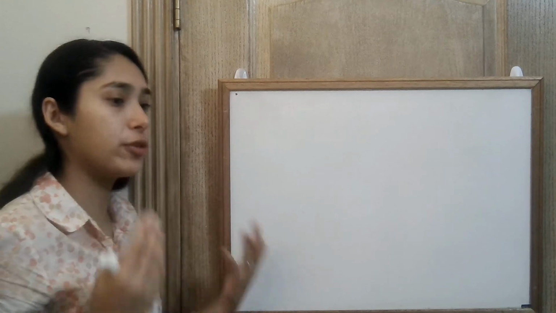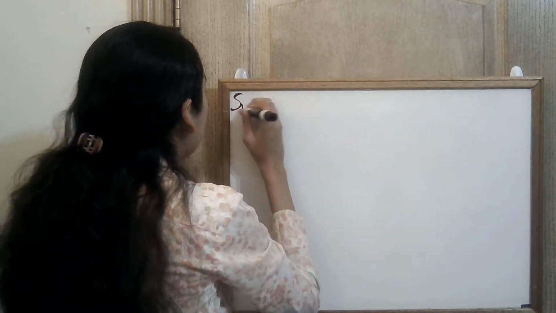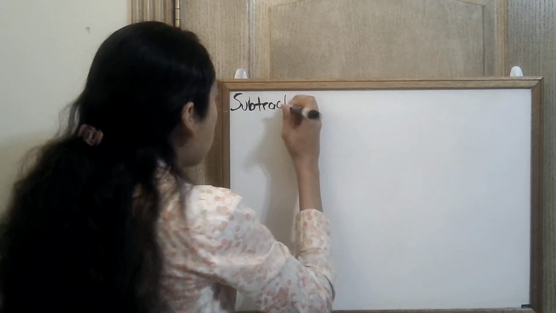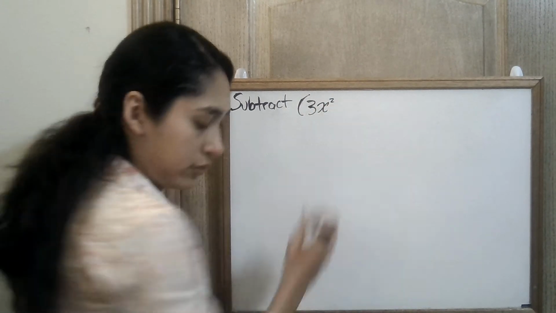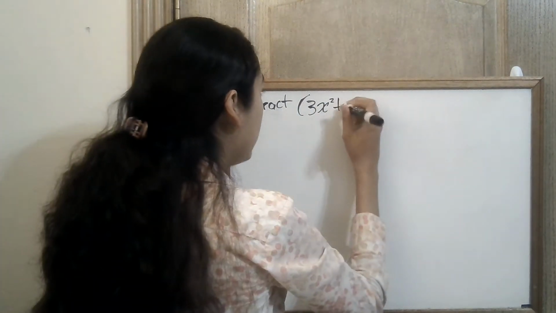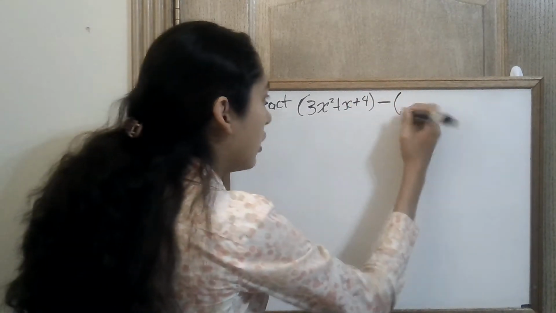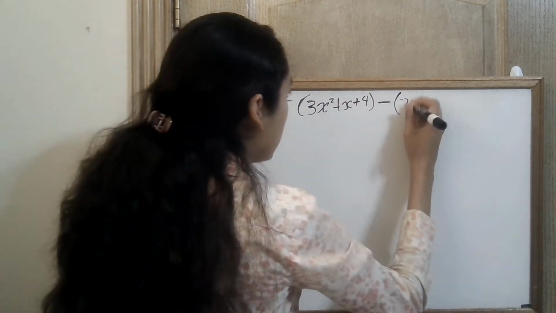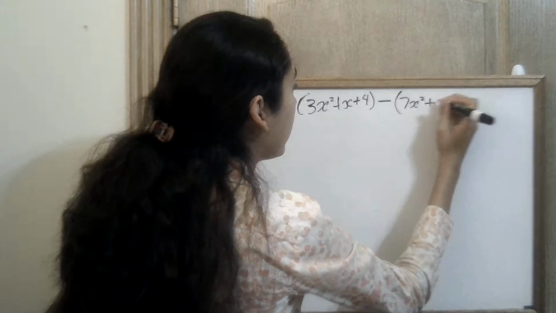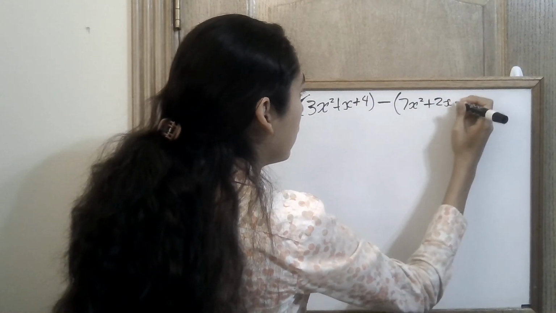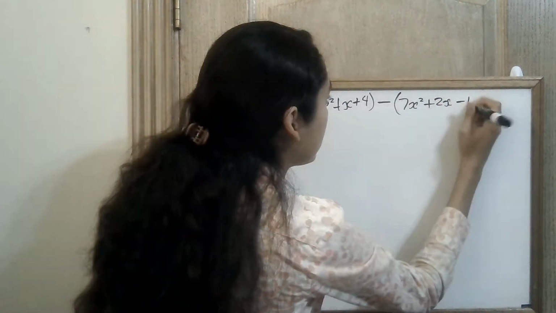Okay, so here we're just going to focus on one variable. So now it's going to ask or tell us to subtract 3x squared plus x plus 4, and we're going to subtract this other polynomial, 7x squared plus 2x minus 16.